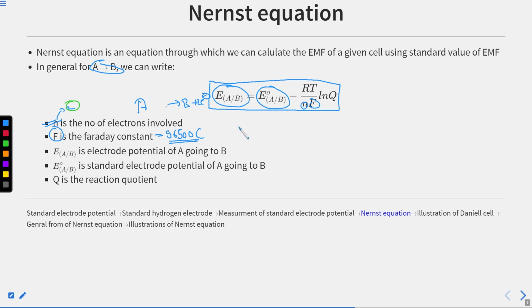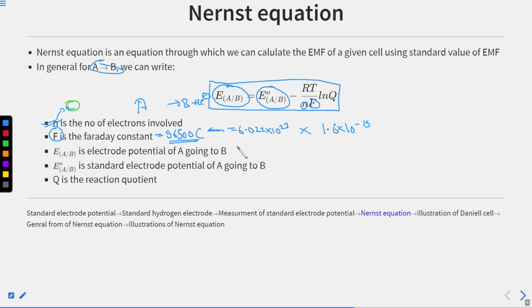If you know what 1 mole is, it is 6.022 into 10 to the power 23. And we know that the charge on 1 electron is 1.6 into 10 to the power minus 19 coulomb. So 1 electron holds a charge of this much, 1 mole will hold the multiplication of these, and you will get this value.